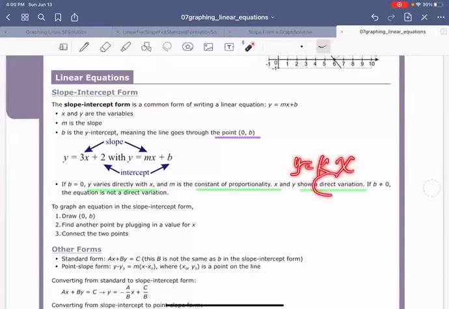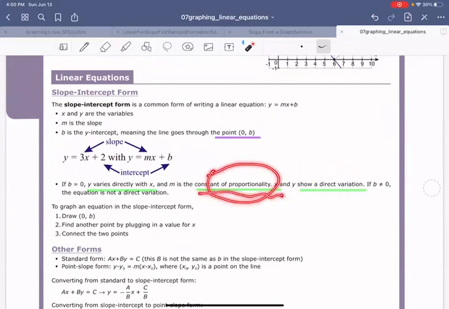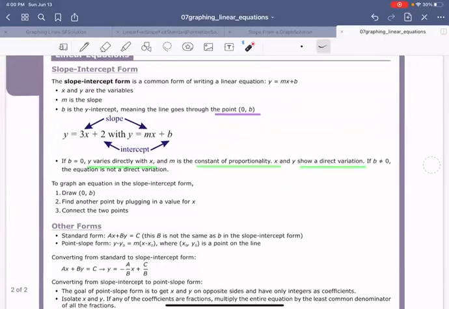This is called direct variation or constant of proportionality, okay? We already know how to draw this. Find the y-intercept, look for the rise over the run and connect the 2 points, easy.